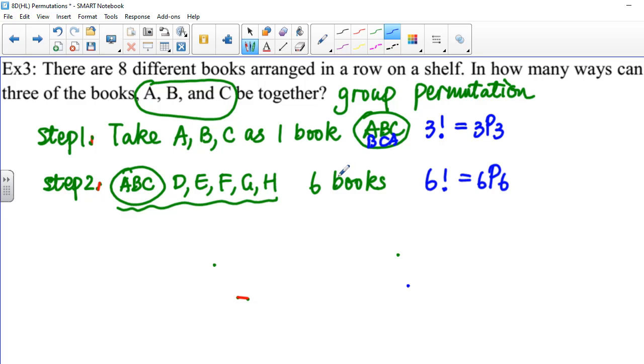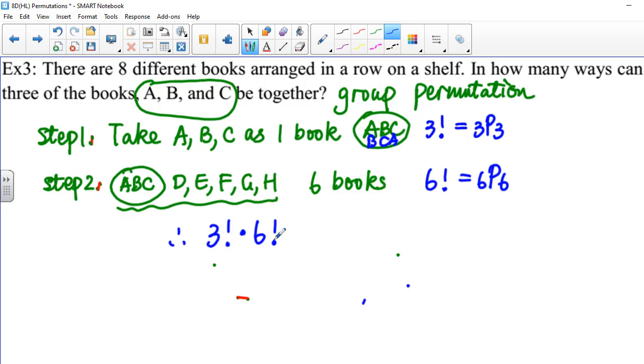In order to finish the entire task with 8 books to be arranged in a row on a shelf, I finished this entire task in 2 steps. Based on the multiplication counting principle, I need to multiply the number of ways in each step up.